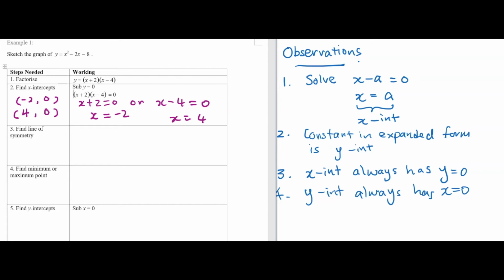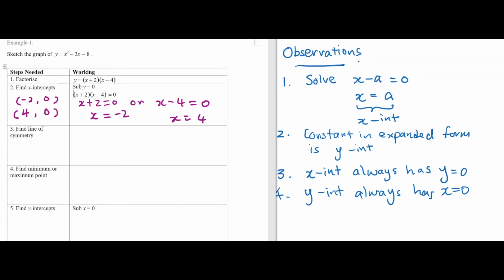Now these three parts is up to you which order you find them out. Sometimes the question will specify whether they want you to state or show clearly the y-intercepts or the line of symmetry and so on. So depending on the complexity of the question, the requirement of the question, you may be allowed to leave out certain parts, but generally it's the safest to show all the features.